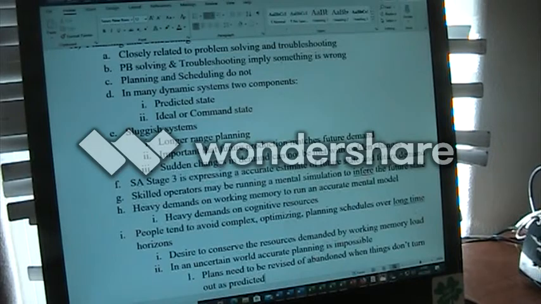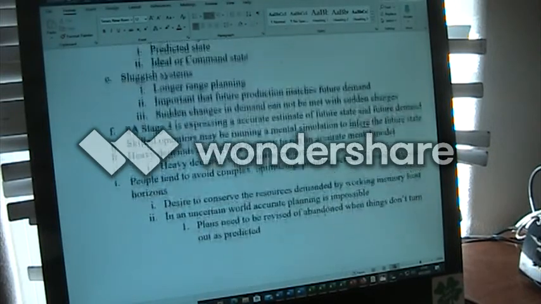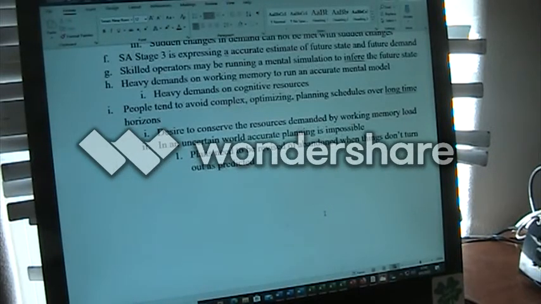I'm struck by something that Eisenhower used to say, which is when we plan, what he said was planning, the plan is nothing, but planning is everything.